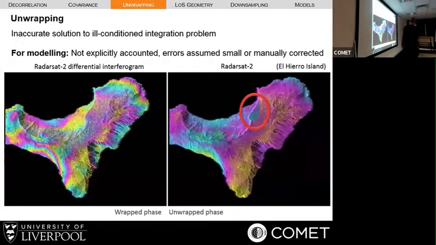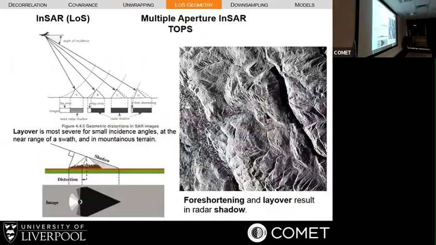So you probably have heard InSAR can only measure vertical, slightly east-west, and nothing in north-south. But that tells you it's not true. It depends on where you are on Earth.